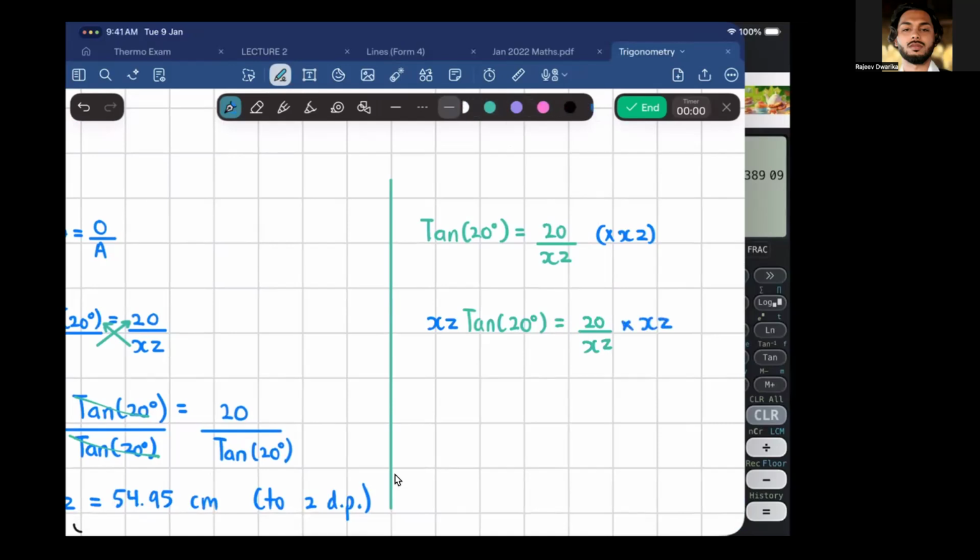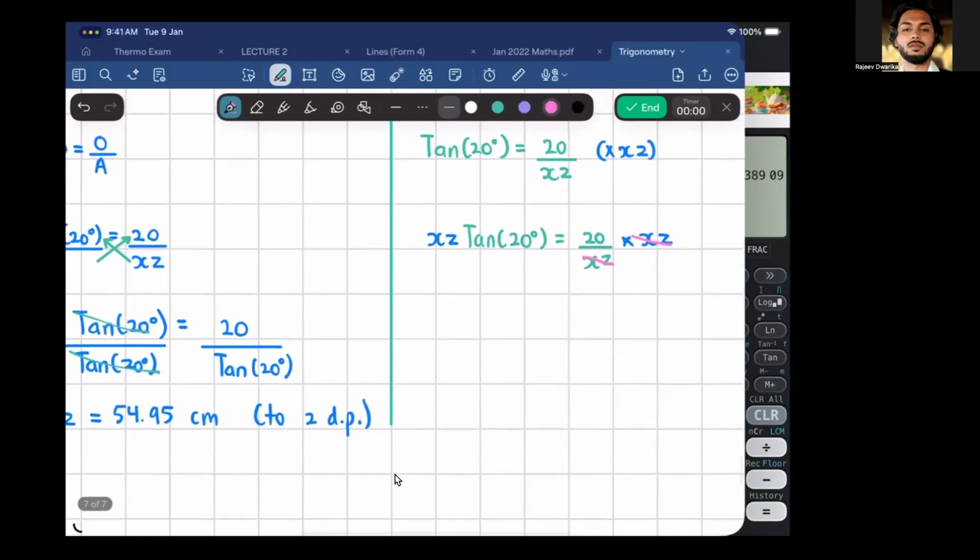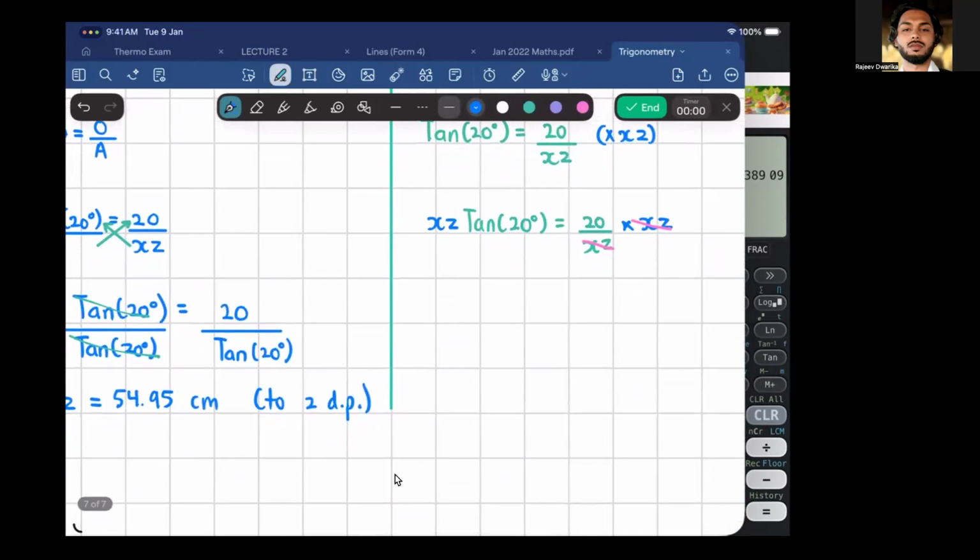So you got rid of it from the denominator, which is great. We have XZ tan 20 degrees is equal to 20. The next step is to divide both sides by tan 20, so the tan 20 cancels off to leave you with XZ. That's pretty much it, and you get your answer.